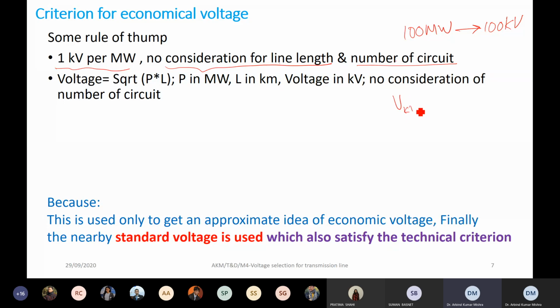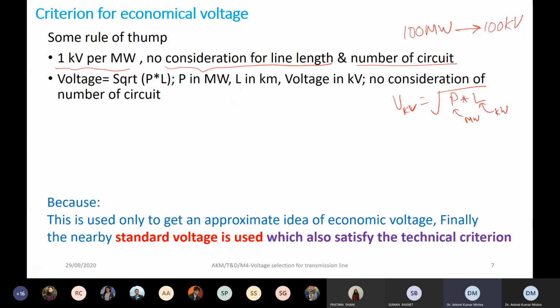the voltage in kV is just the square root of P to be transmitted and L. If we put P in megawatt and L in kilometer, then this gives kV. And of course, as you have seen, both of these rules of thumb have not violated what we had discussed so far.